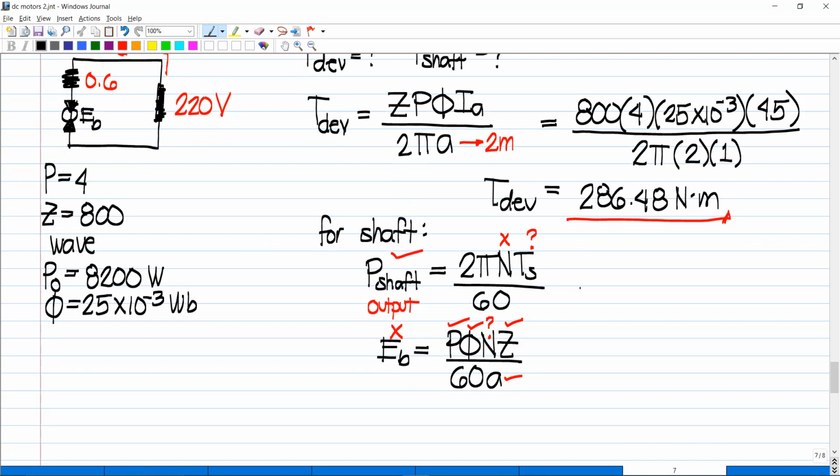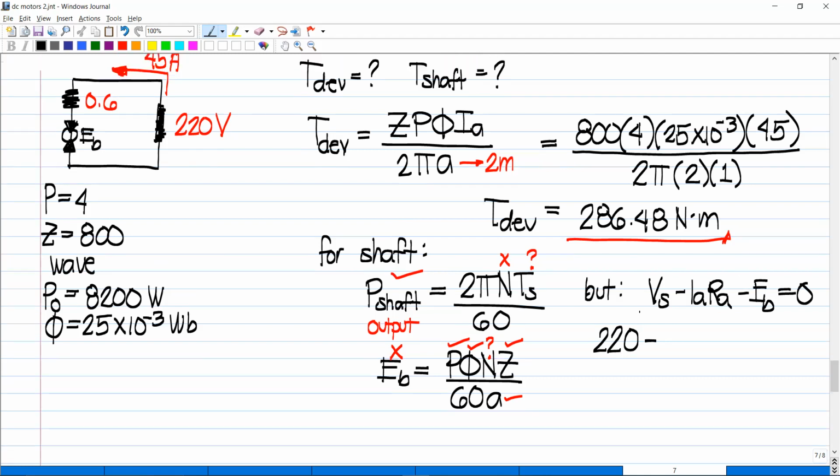We will be using the KVL of our shunt motor. And that is Vs minus Ia RA minus EB is equal to 0. Kasi dito natin masosolve yung E-back natin. What is the source voltage? Ano ang sinusupply sa motor? 220 volts. Ano ang kuryente sa armature?